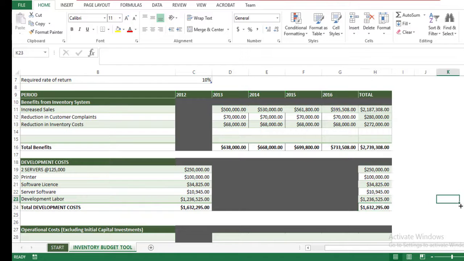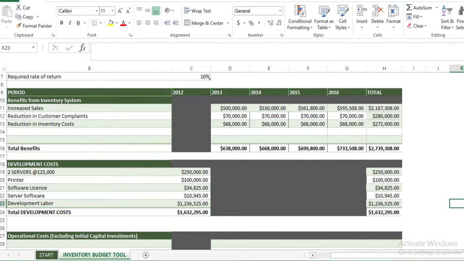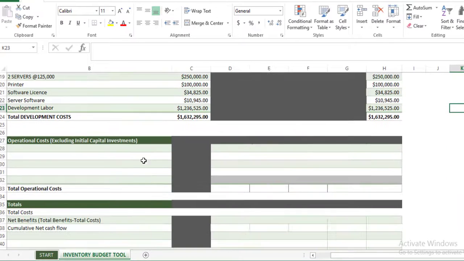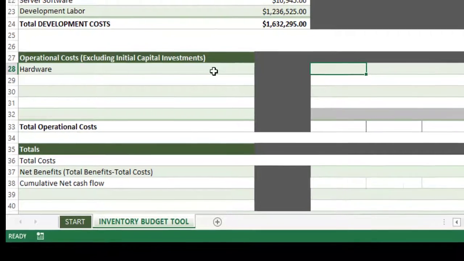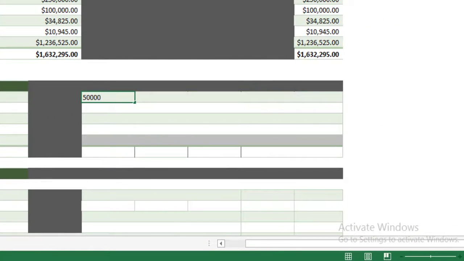After that, the next thing we now need to look at is what we referred to as operational costs. Remember we said that operational costs are the costs that are incurred when the system is in use. And one of it is in terms of the hardware. This could be maybe hardware maintenance, etc. It's going to be 50,000.